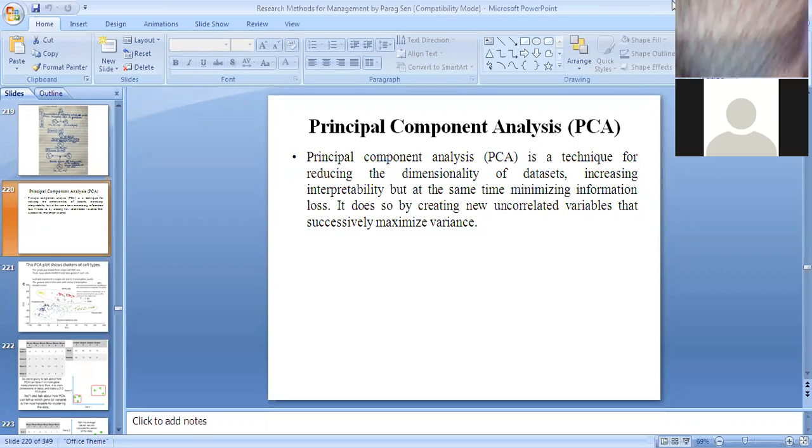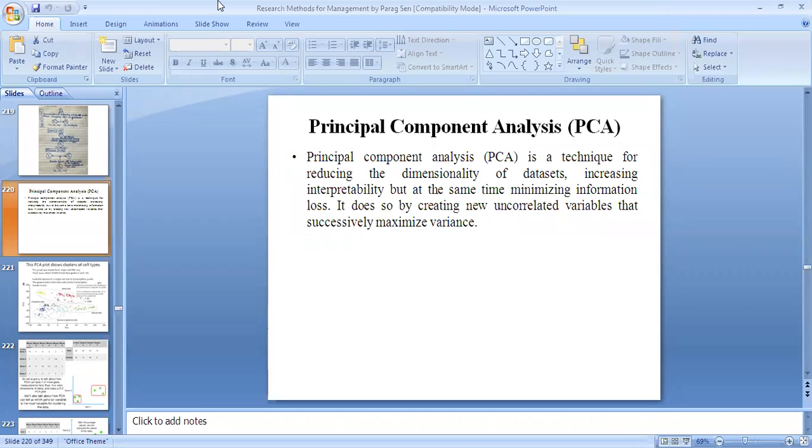So you will be able to see principal component in case of factor analysis.